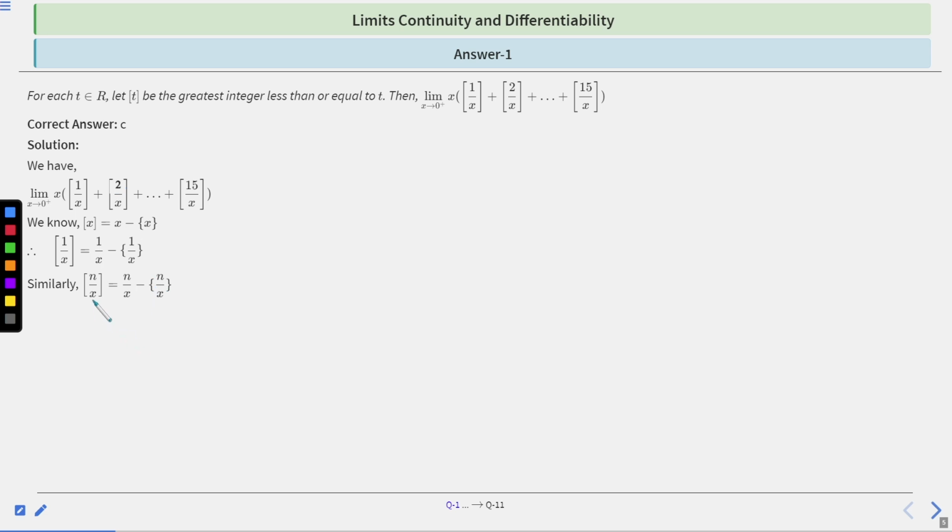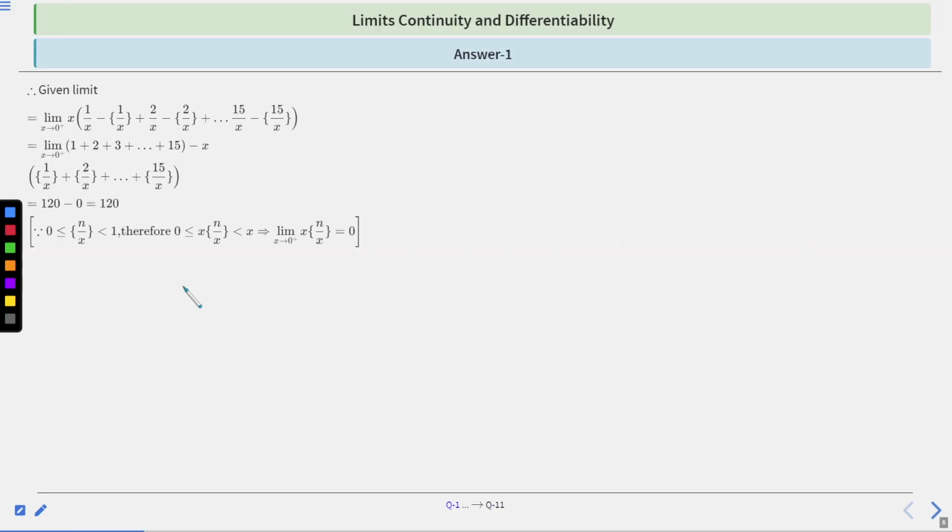Clear? Similarly, greatest integer function of n by x can be written as n by x minus fractional part of n by x, right? So we get 1 by x minus fractional part of 1 by x plus 2 by x minus fractional part of 2 by x till 15 by x minus fractional part of 15 by x, right?